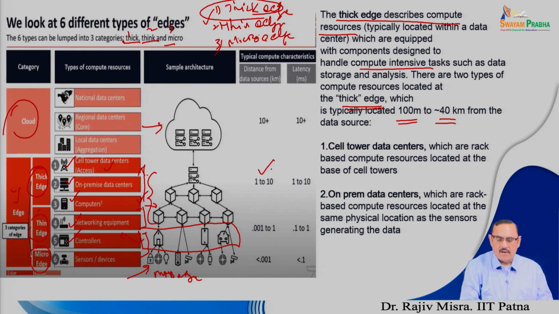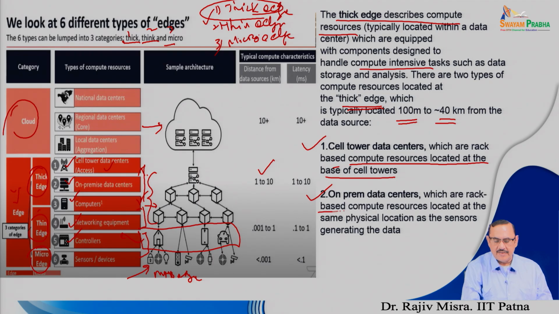Therefore, the thick edge has different types of classification. First, the cell tower data centers, which are rack based compute resources located at the base of the cellular tower. The second one is the on premise data center.